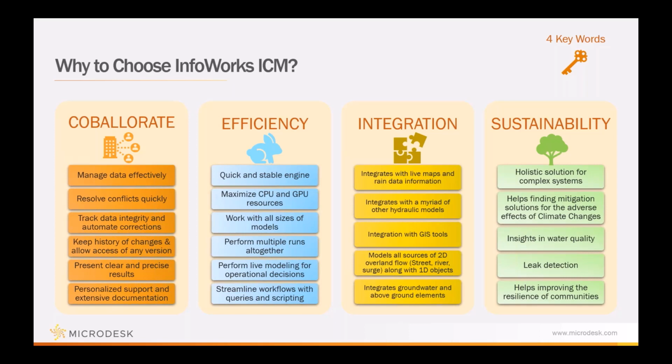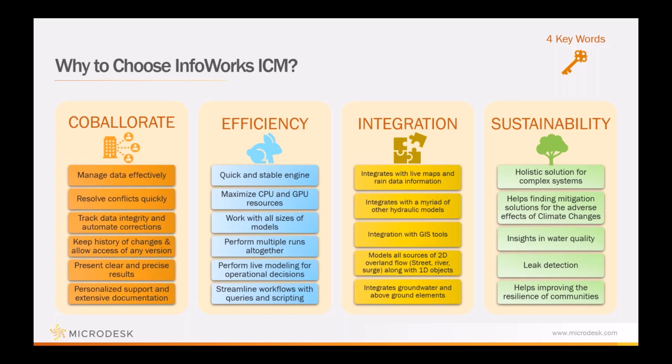In terms of integration, you can link live maps to InfoWorks. You can access, for example, Google Street View directly from your model, from the geoplan. You can integrate with a myriad of other hydraulic models, so you can bring in results.